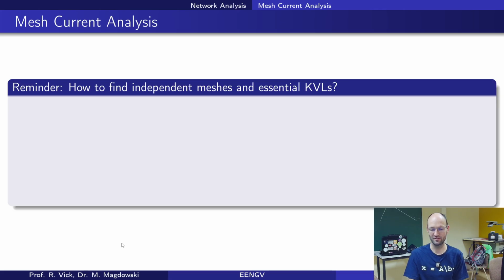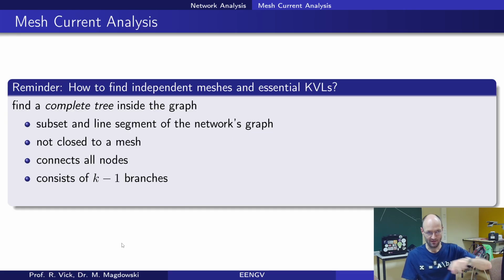And before we do this, a reminder how to find independent Kirchhoff's voltage laws. What was the method that we discussed last week? Use a tree, this so-called complete tree. Inside the graph of the network we need to find a complete tree. This was a subset of the graph that connects all the nodes, but without any closed loop.